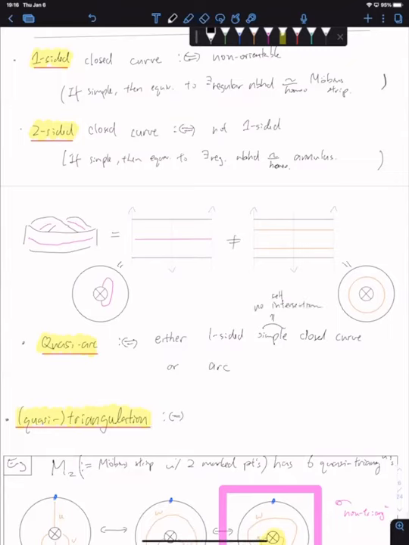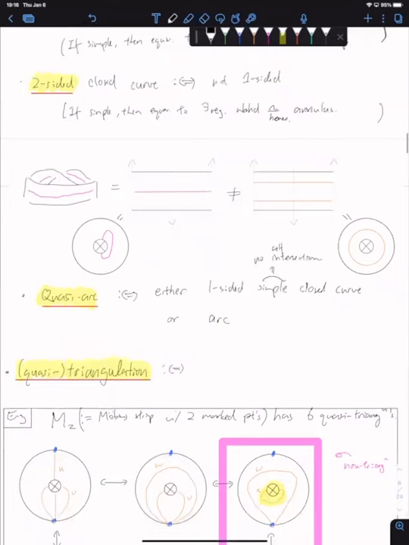You probably know what a triangulation is, but let me write down the definition as well. A triangulation is just a maximal collection of pairwise non-crossing arcs. We can generalize this: a quasi-triangulation is just a maximal collection of non-crossing quasi-arcs.